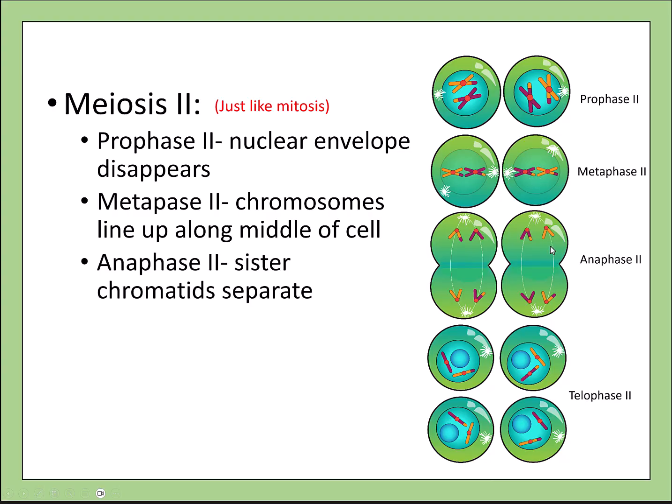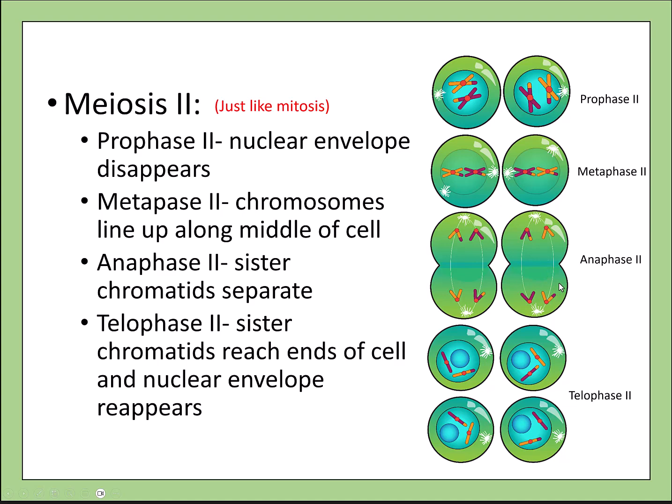In anaphase 2, the sister chromatids are going to separate, so that centromere breaks and the sister chromatids pull apart. And in telophase 2, sister chromatids reach the end of the cell and the nuclear envelope reappears. So just like mitosis here. But again, we're going to end up with different cells at the end of this process than we started with.